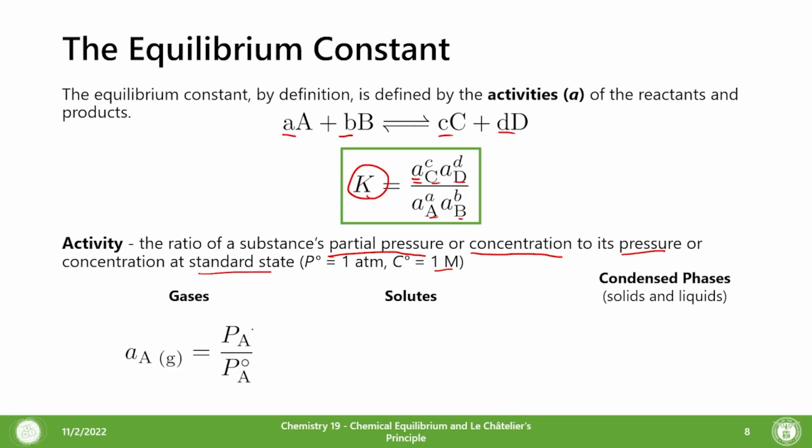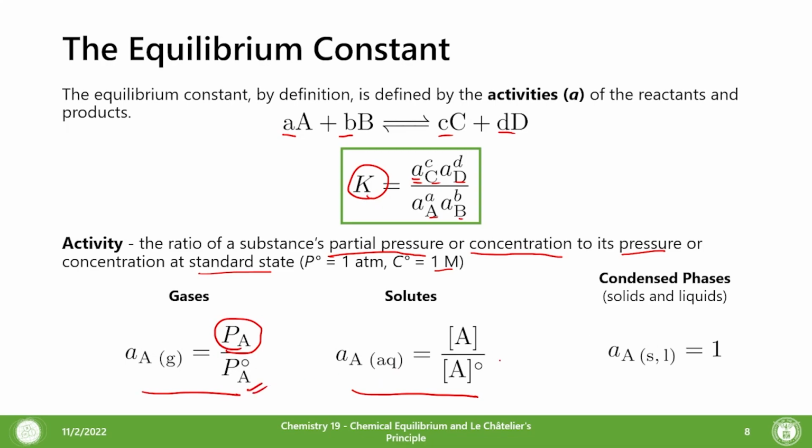For solutes, the concentration divided by 1 molar. And for condensed phases, solids and liquids, this one's very important. This doesn't really speak much about it, because activities are just equal to this value, as long as you're using the same units.